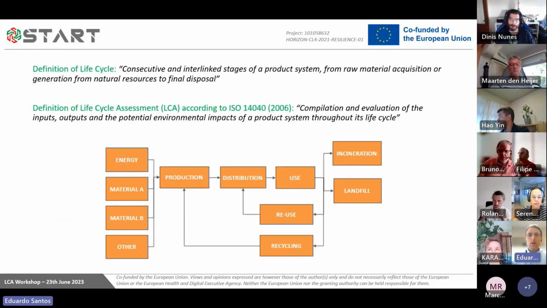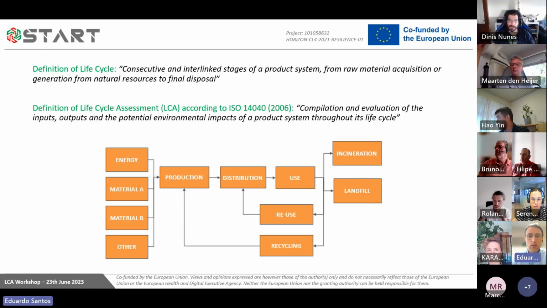So just a few definitions which I think are fundamental. First of all, to be very clear on what is life cycle and what is life cycle assessment. So two different things, of course. Life cycle is basically the consecutive and interlinked stages of a product system, from the raw material acquisition or generation from natural resources to the final disposal.